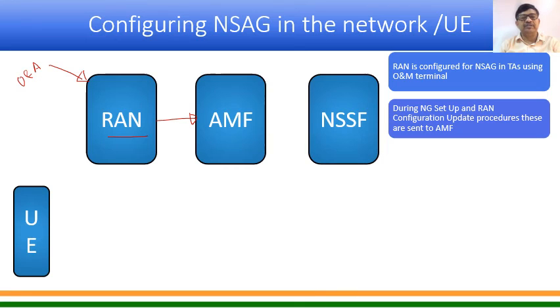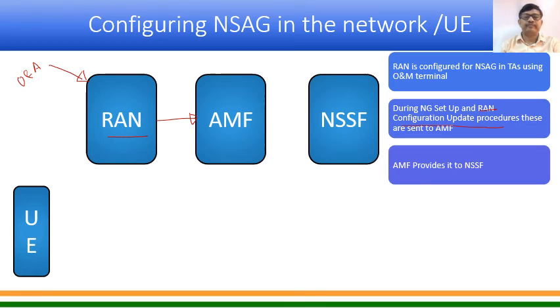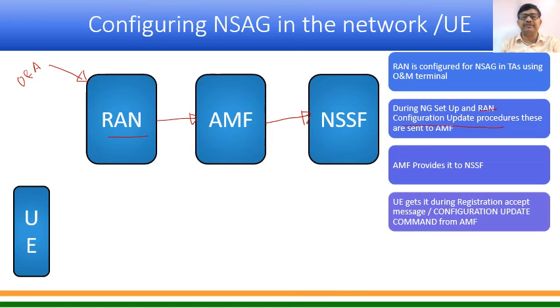So during the initial switch on of the RAN this information goes to AMF, or if it is provisioned later on, then during the RAN configuration update procedure this NSAG information goes to AMF. And AMF will further provide this information to the network slice selection function. So this is how these are configured.